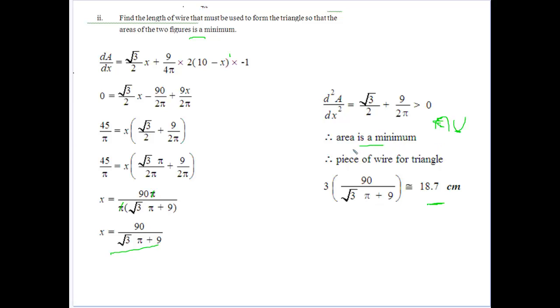Sorry about that. So the piece of wire is approximately 18.7, which we proved there. We made sure we got the minimum, proving the second derivative was greater than 0 for all values, so the curve was always concave up. That's not an easy manipulation to start off with to get our two expressions, then get into the area, and then the algebra and manipulation we need to take care with.